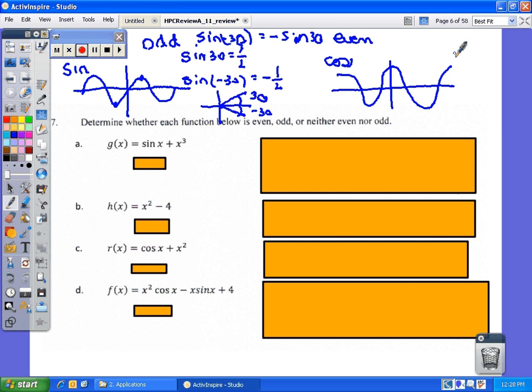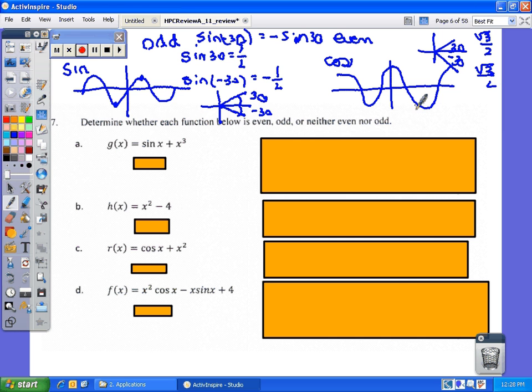Now, on an even function, if you look at the unit circle, the cosine of positive 30 is root 3 over 2. The cosine of negative 30 is still root 3 over 2.